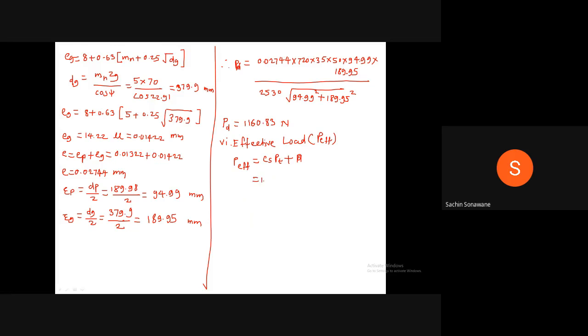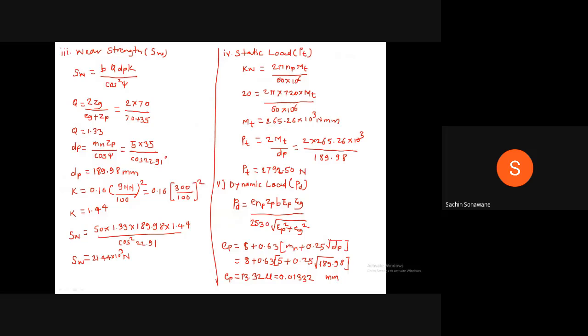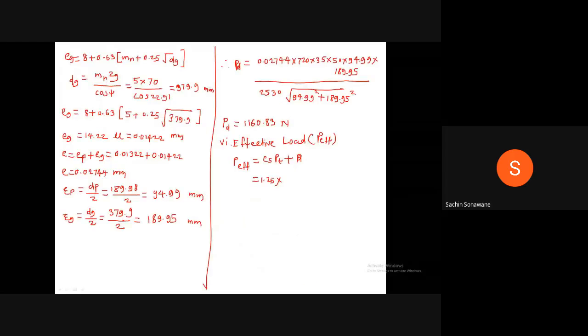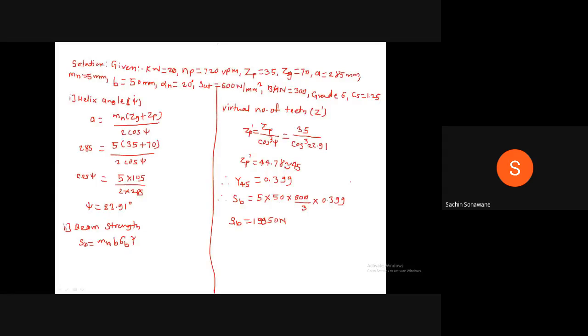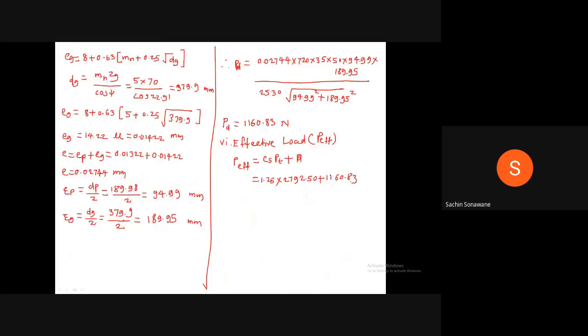Therefore, Cs is nothing but 1.25 into PT, 2792.50, plus 1160.83. How much is P effective?